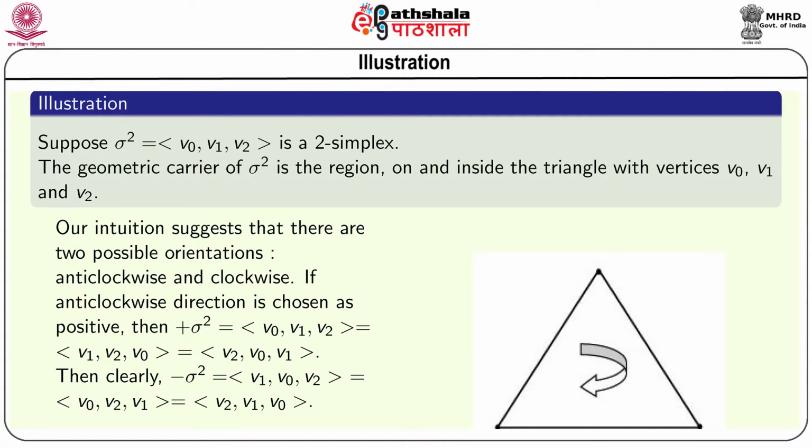One is anti-clockwise and the other one is clockwise. If we take the anti-clockwise direction as positive, then plus sigma 2 is V0, V1, V2; V1, V2, V0; and V2, V0, V1. Then clearly minus sigma 2 will be V1, V0, V2; V0, V2, V1; and V2, V1, V0.